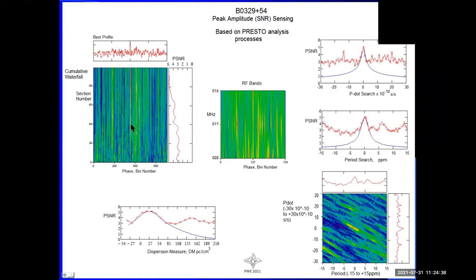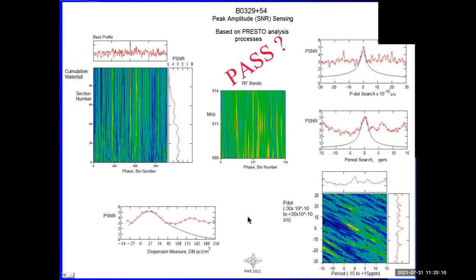Here we've got the time waterfall, the frequency waterfall, the dispersion measure peaking at the right level, the period search peaking at the right level, and matching very closely the measured data, and the p-dot doing exactly the same. And this is a different set of data than I used with prepfold, but it is showing the same effect.